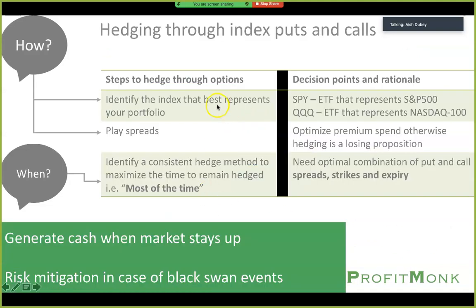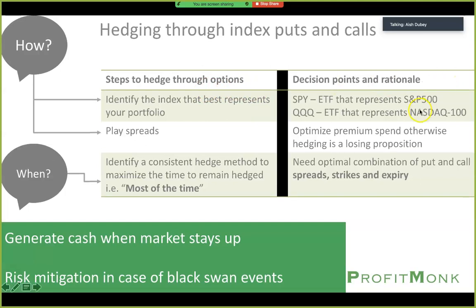So again, continuing with the how and when thread, there are 3 steps to hedging through index puts and calls in the ProfitMonk software that you can use. That's what the software and the analytics allow you to do. So the first step is, of course, to identify the index that best represents an investor's portfolio. Some of us like to play around with the S&P 500.